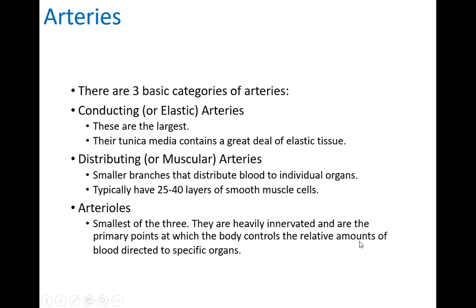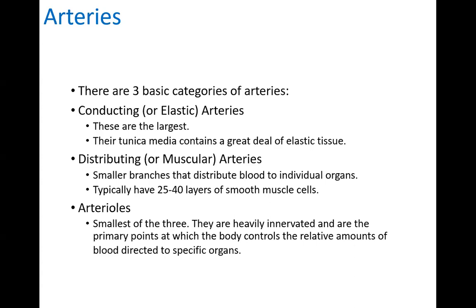3 types of arteries. The conducting arteries, like the big ones, the aorta, for example, the carotid artery, the pulmonary trunk. These are the largest with lots of elastic tissue.